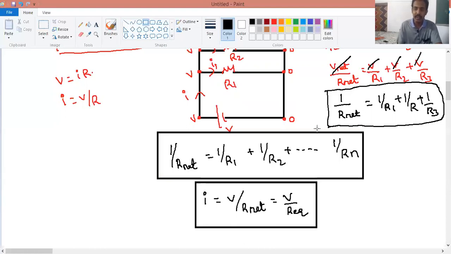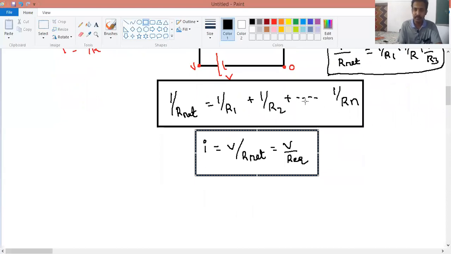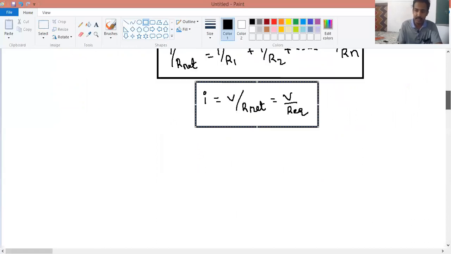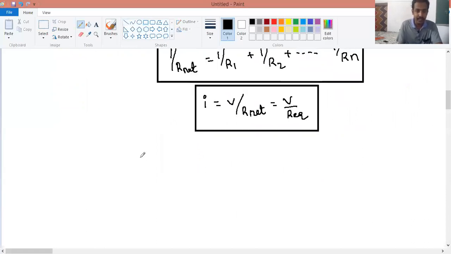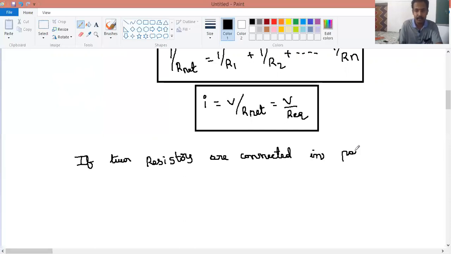Now, we don't always have to write 1 by R net is equal to 1 by R1 plus 1 by R2 and so on, 1 by Rn. For example, if two resistors are connected in parallel connection, then 1 by R net is equal to 1 by R1 plus 1 by R2.